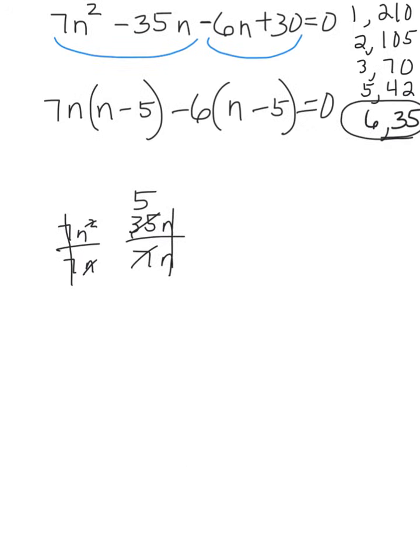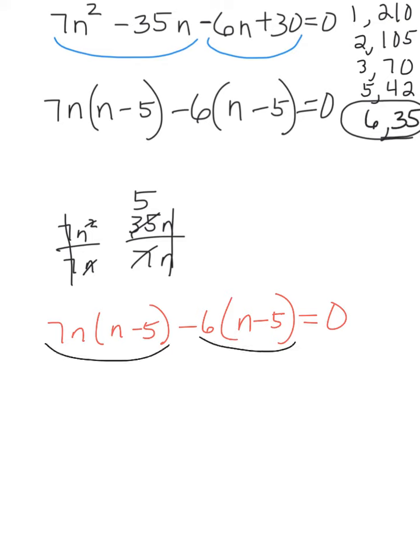Now we can rewrite this equation so that we can see how to factor from there. So we want to factor out something that's common between this term and this term. Remember, terms are separated by either a plus or a minus, and that's what's happened here. They're separated by a minus sign. And so we have 7n times (n minus 5) minus 6 times (n minus 5).